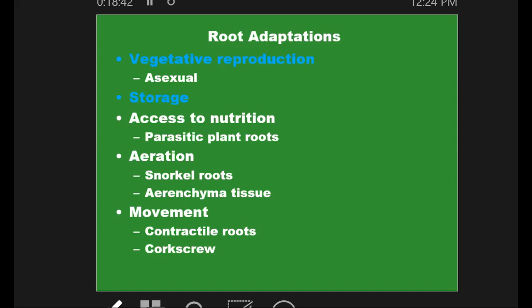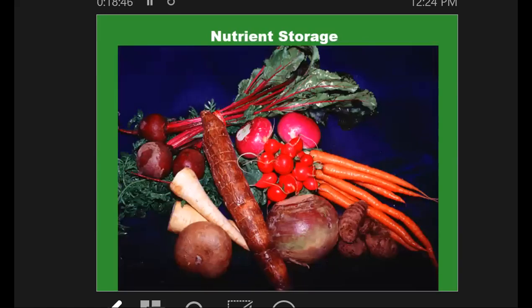It's pretty amazing. If I don't have it on the slide set, I'll post it. It's really cool to look at. So, nutrient storage: here are some visuals now of what we were just talking about. Certainly, if you thought about it for a little bit, you could come up with some of these as well. Carrots and parsnip, you looked at parsnip in lab, sugar beets, things like that.